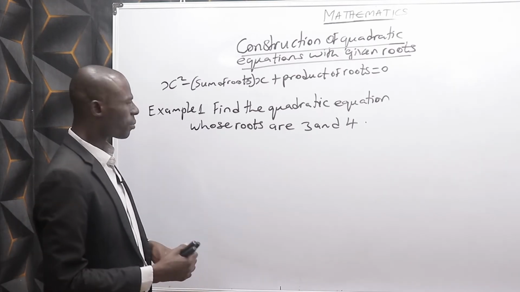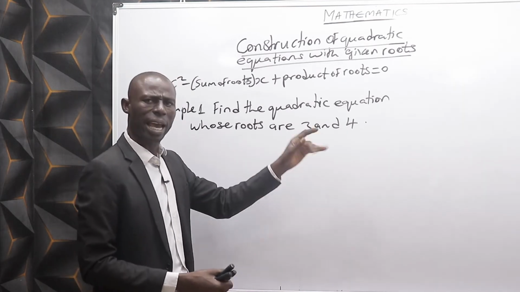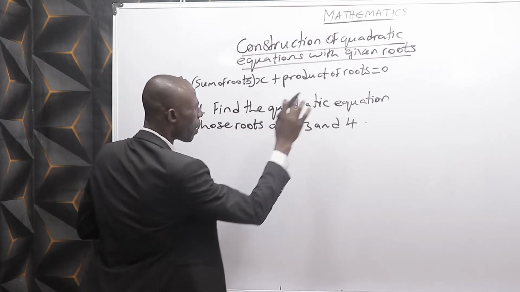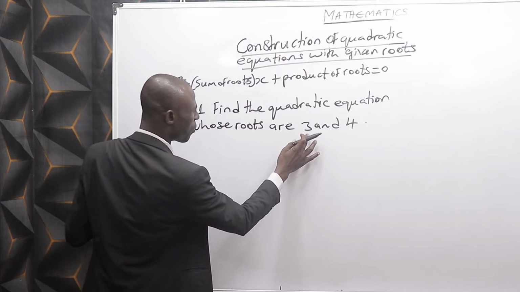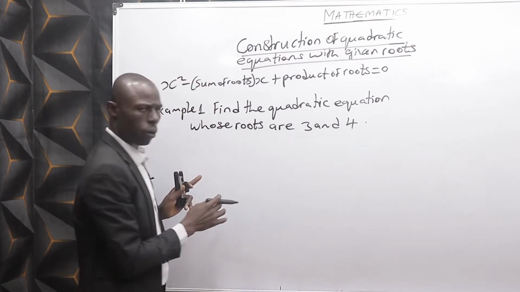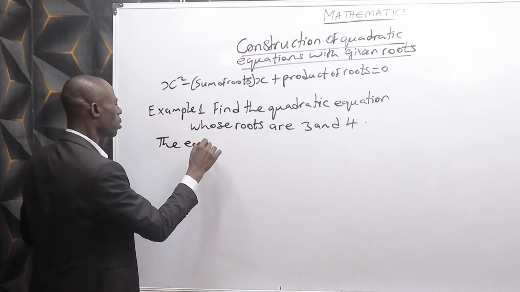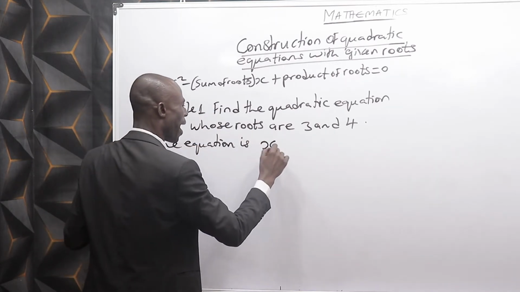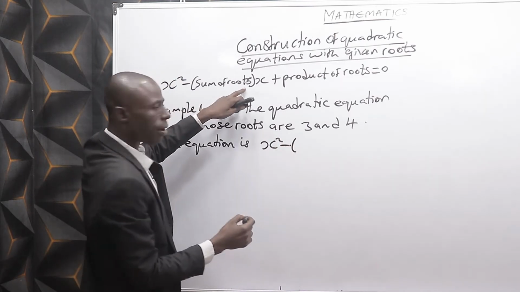Example number 1. Find the quadratic equation whose roots are 3 and 4. You just replicate this quadratic format. The two roots have been given to you as 3 and 4. So write the equation: x squared minus, what do you have here?